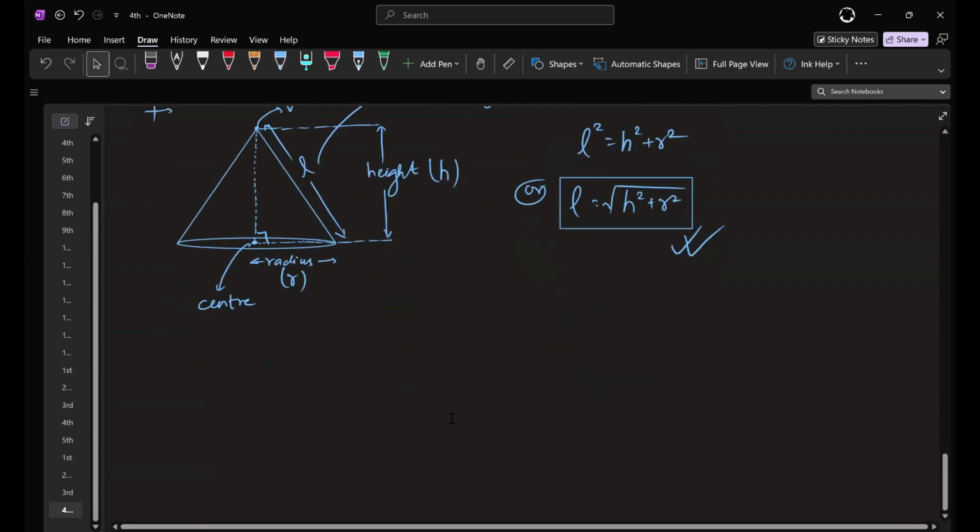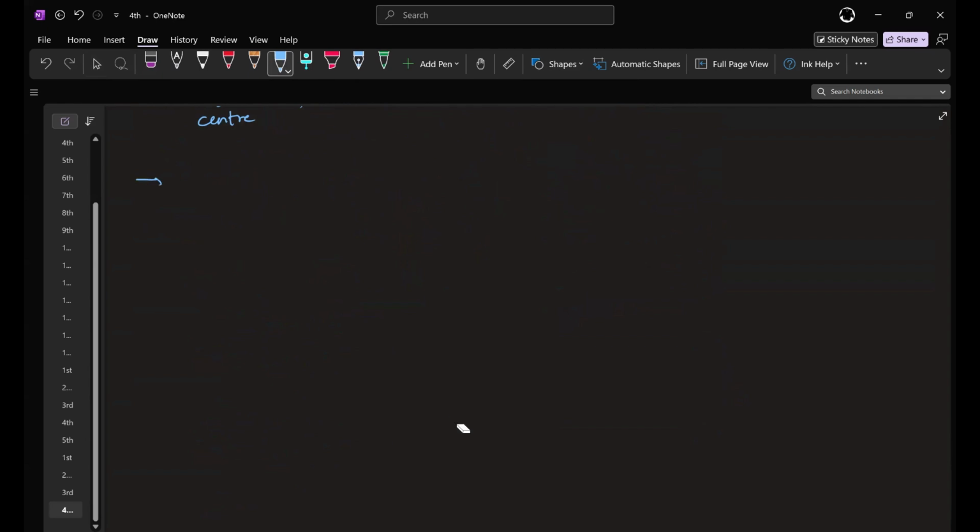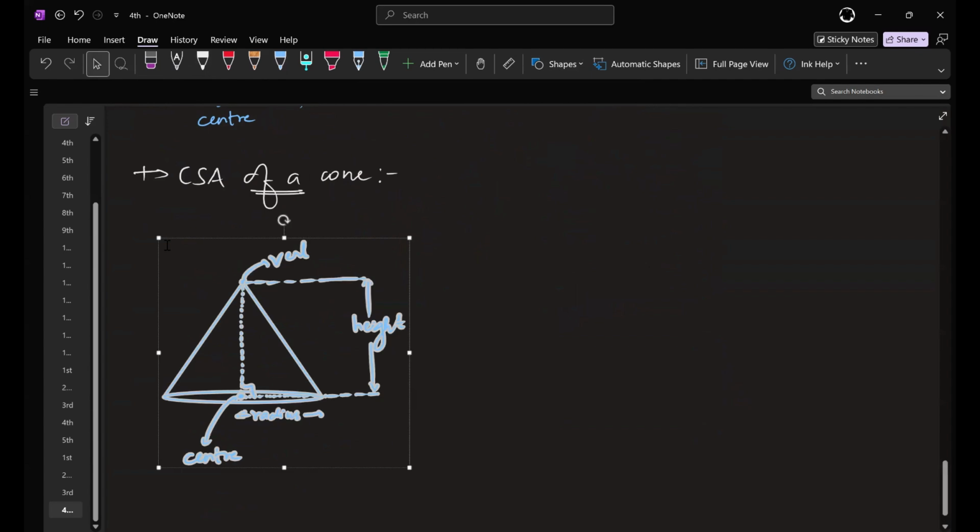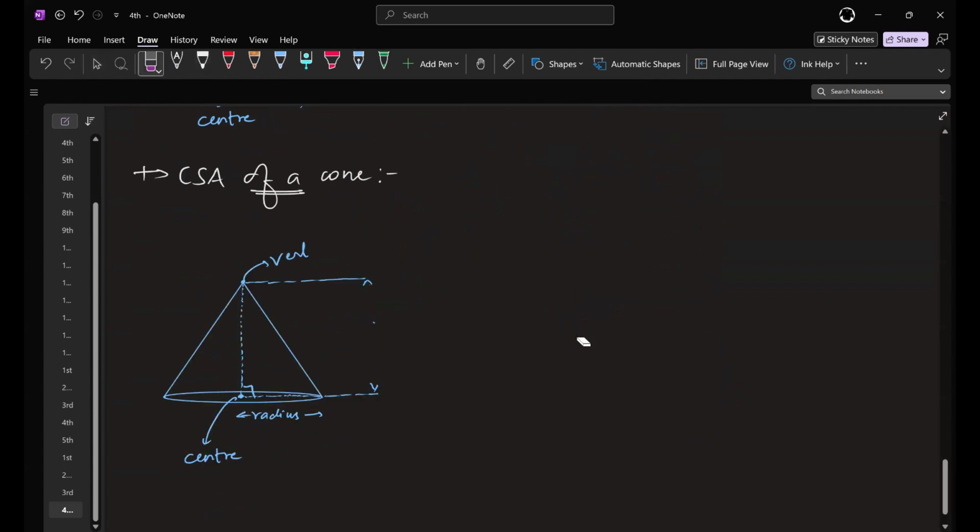Okay, now let's talk about the curved surface area of a cone. So let's say again we have a cone something like this. Okay, so what would be called a curved surface area?